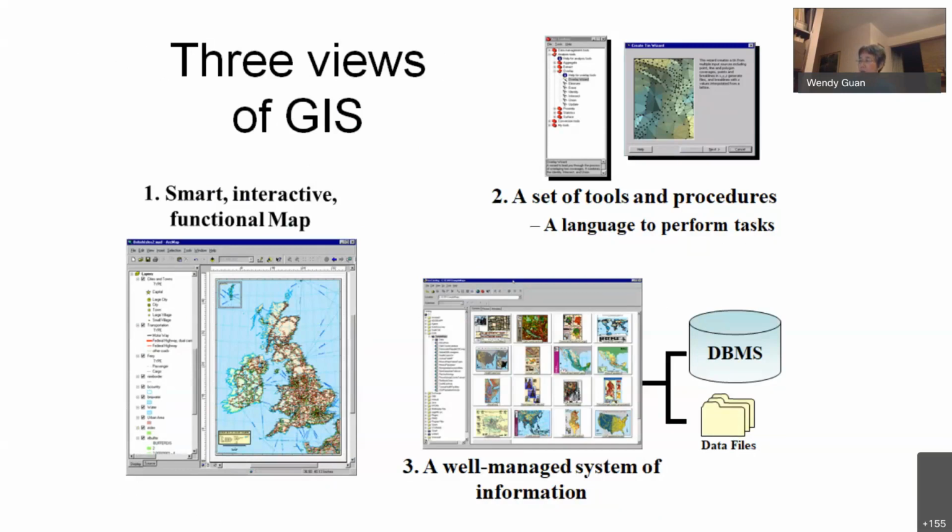You could then also see it as a well-managed, well-organized system of information, a database, a systematic data archive. So the data is at the bottom, analytics is in the core, and the map or whatever visualization is on the surface. These are the three levels, or three facets, of GIS.